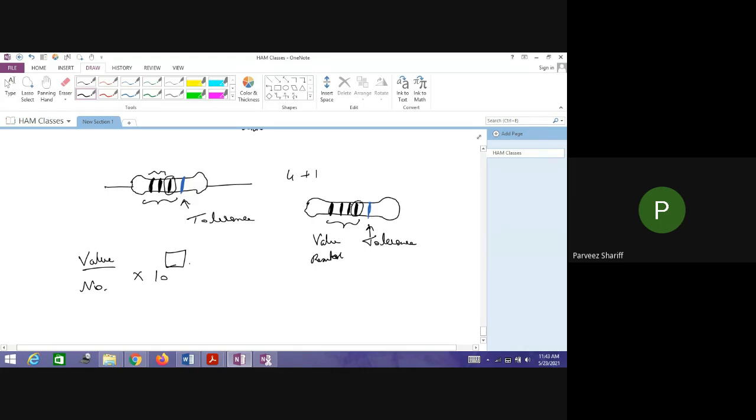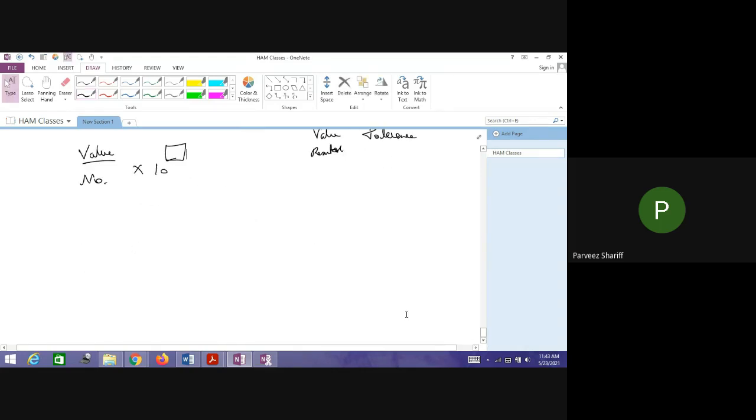Okay, now let us take an example here. I'll write one resistor. Let me take red here. Let me take the next as green. And what are the other colors I have?